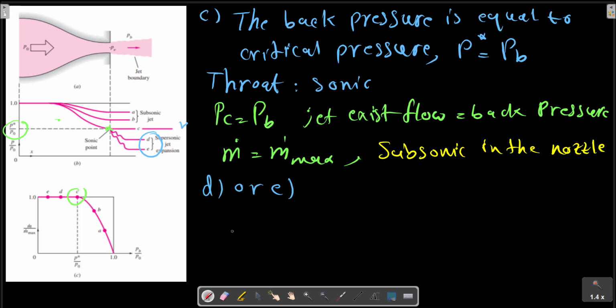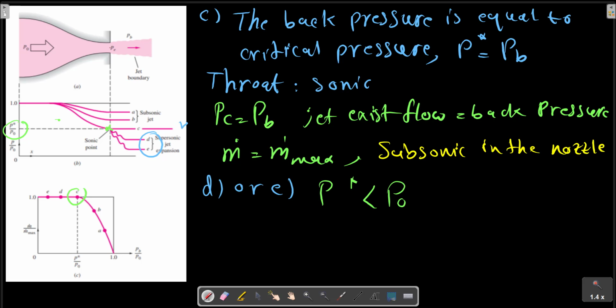The pressure PD and P star are less than the stagnation pressure.